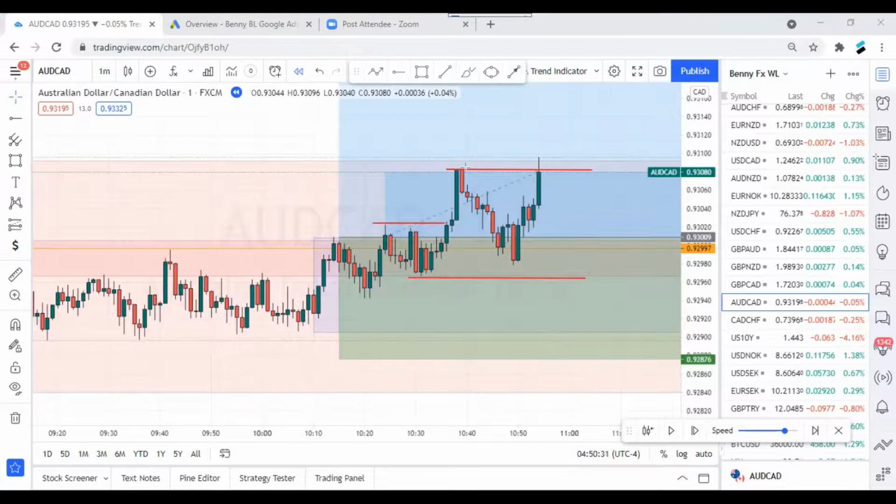Now, if we take the 50% of this range, the high is here, the low is here, and 50% is around here. Okay. Again, the order gets triggered.